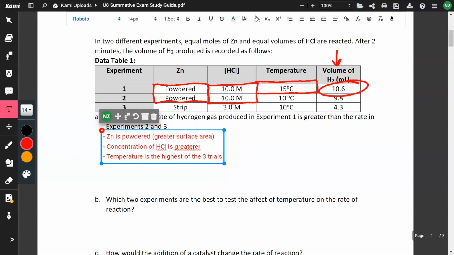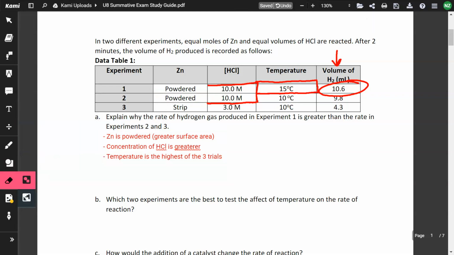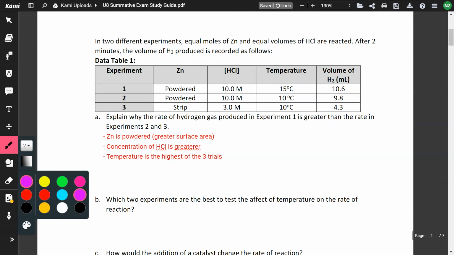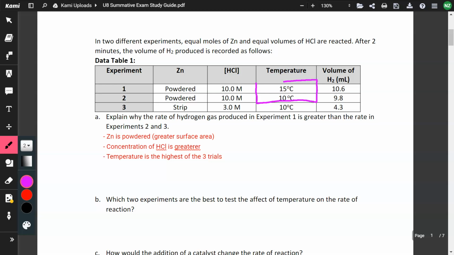All right, it says, which two experiments are the best to test the effect of temperature on the rate of the reaction? Well, let's go back and take a look at this. If we're just testing the temperature, that should be the only thing that changes. So if you look at experiments 1 and 2, they're both powdered.